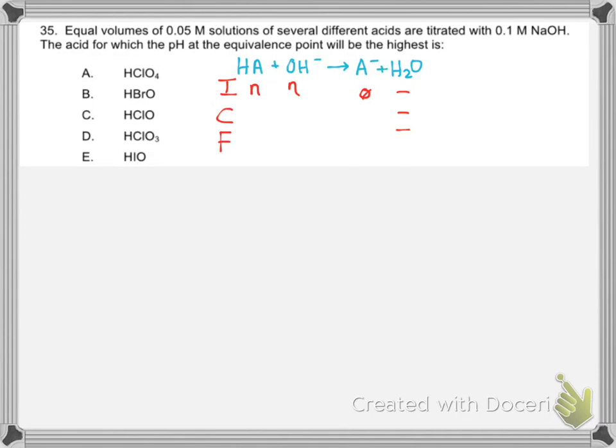Okay, so in this problem, we've got 5 different acids, and we're titrating them to the equivalence point. So just really quickly, by definition of the equivalence point, it's when you have an equivalent number of moles of whatever strong thing you're adding into your, in this case, acid.